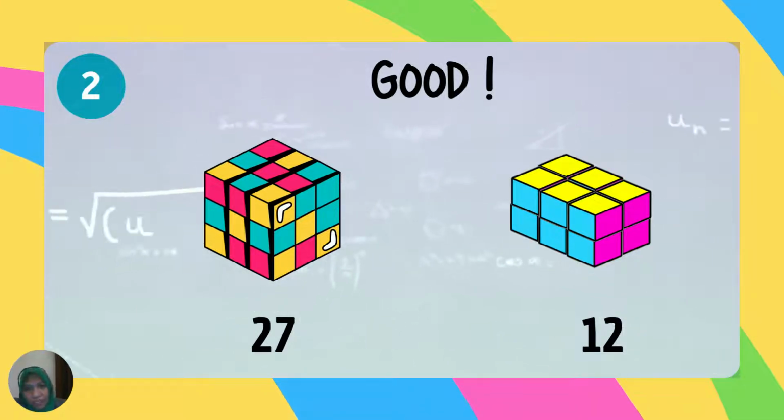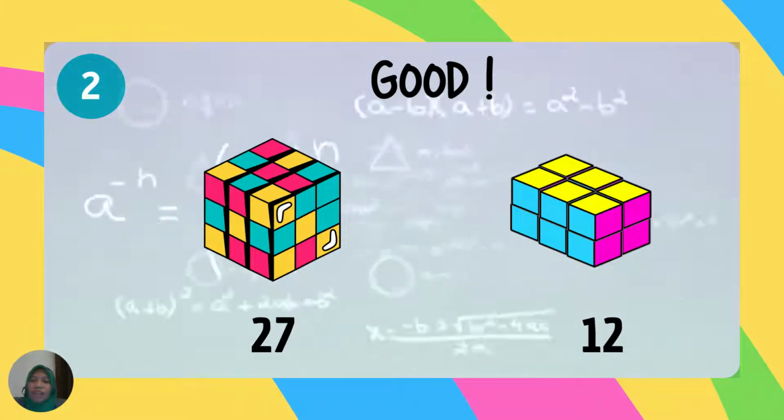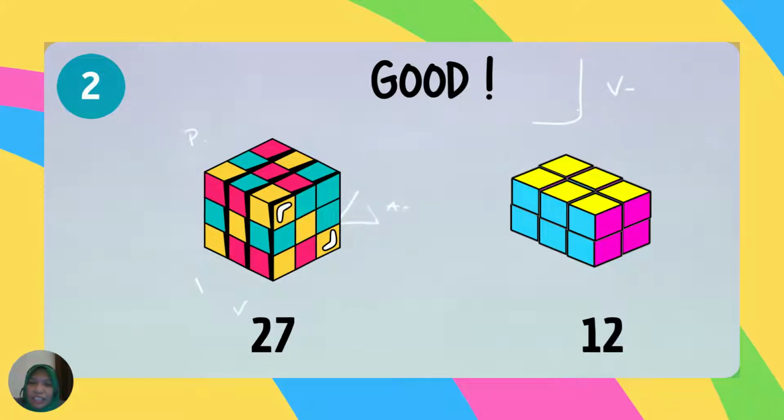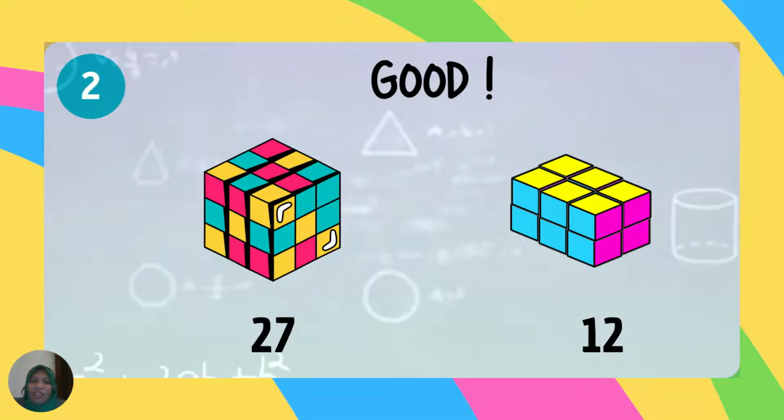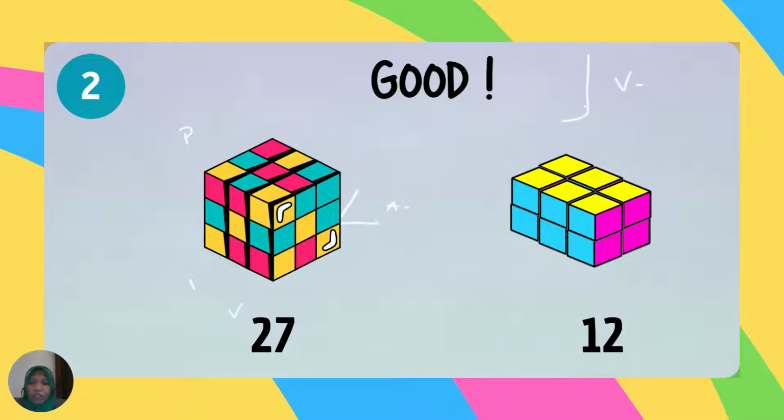And what about the other one? One layer consists of 6 unit cubes, so there are 2 layers. It means that there are 12 unit cubes in the cuboid. Okay, good for you.